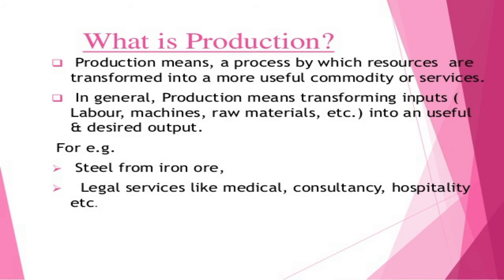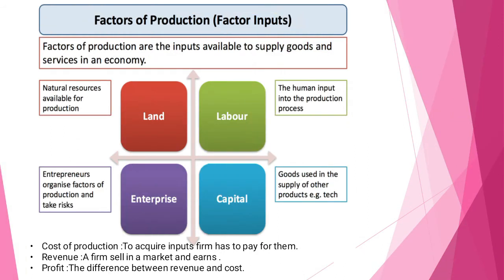Next we will learn what the inputs are for the firm to produce the goods. Factors of production. These are the inputs which are used by the firm to produce the output. What are the factors of production? There are 4 factors which are considered as inputs for the firm to supply the goods.